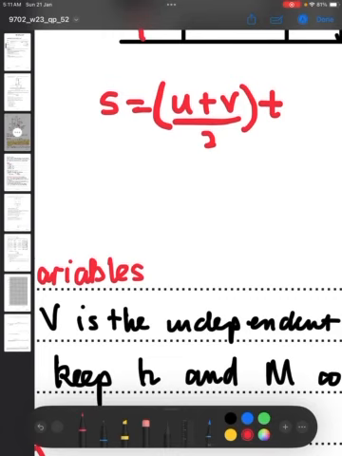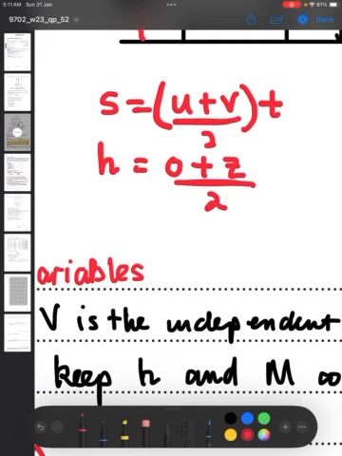Since we don't know acceleration here, this is our choice of equation of motion. So we're also assuming that acceleration is a constant, because it works only if acceleration is a constant, even though we don't know the acceleration in this case. So what do we do next? Our s is the h, but initial speed is 0. Final speed is z, this is what we're looking for, over 2 times t.